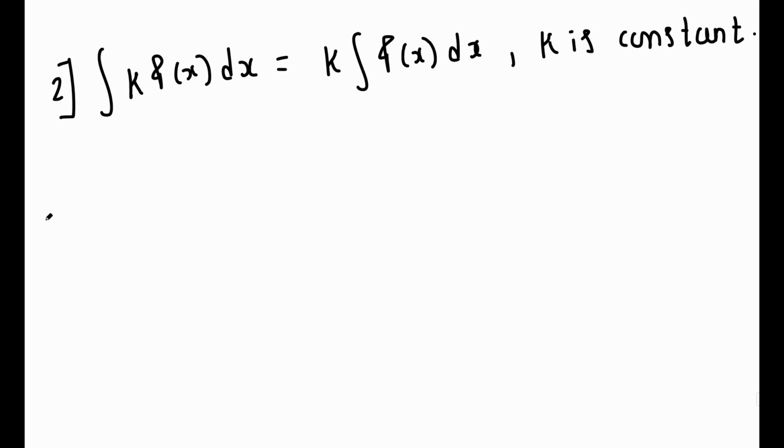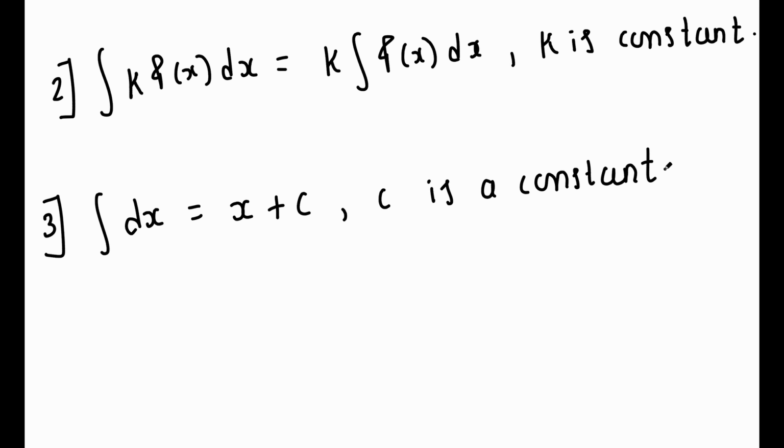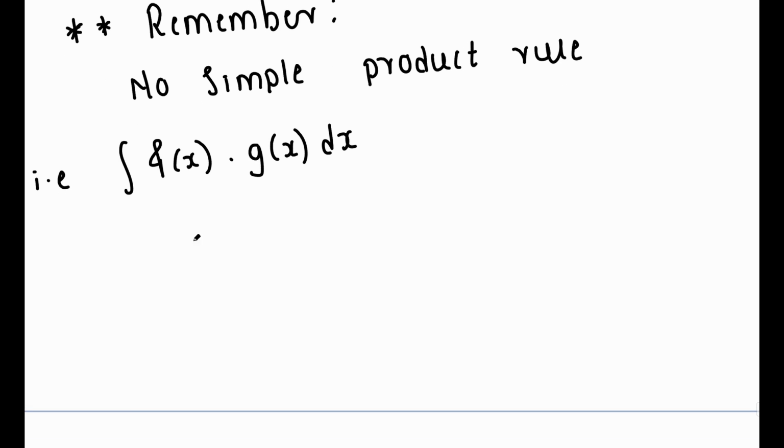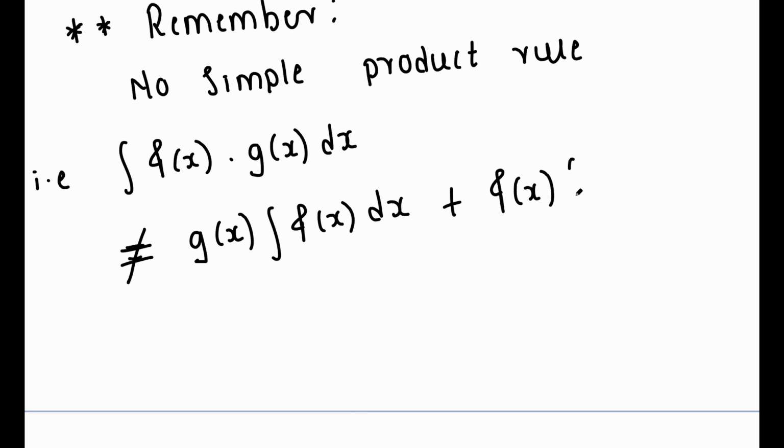And the third property is that if we have integral dx, then this is equal to x plus a constant. Remember that we don't have a simple product rule here. That is, the integral of f of x into g of x dx is not equal to g of x into integral f of x dx plus f of x into integral g of x dx.